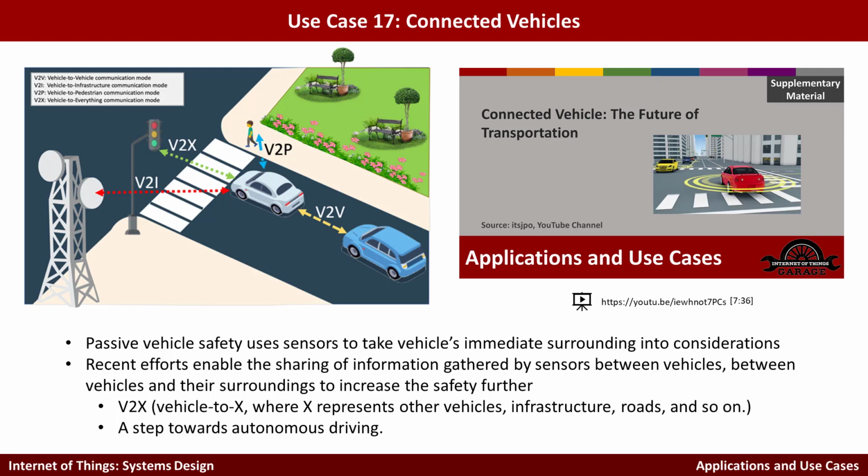V2X means that a traffic light or any other object that resides far ahead of the vehicle, which the vehicle sensors will not pick up, can still communicate and send a warning saying, okay, there is road work going on far ahead in the road or something like that. So this is where the Internet of Things comes into play, and why it is really important and useful. I would like you to now stop this video and go and watch the use case video presented here.